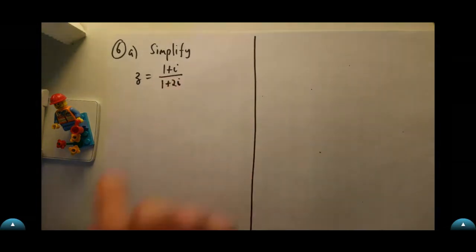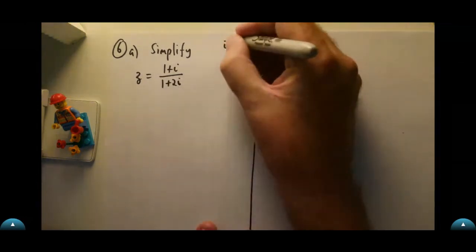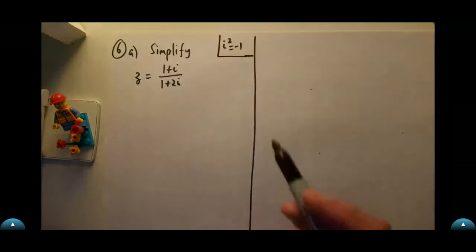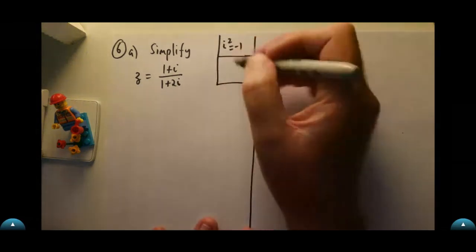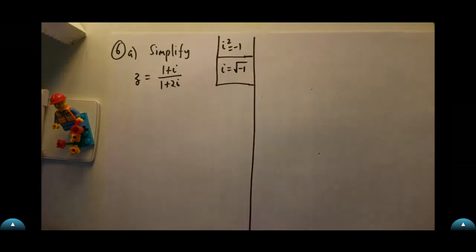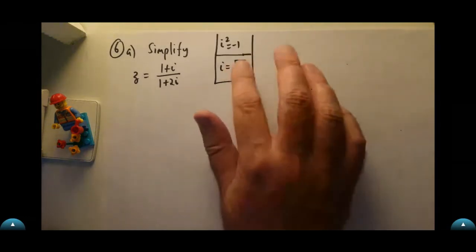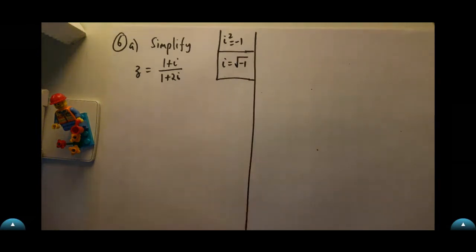So when they say simplify, what they really want you to do is eliminate all the i's from the denominator, right? And so the most important relationship that you'll see with complex numbers is, i squared equals -1 and i is just the square root of -1, which is really weird, right? Because we're told that this can't happen, but with complex numbers, anything is possible.